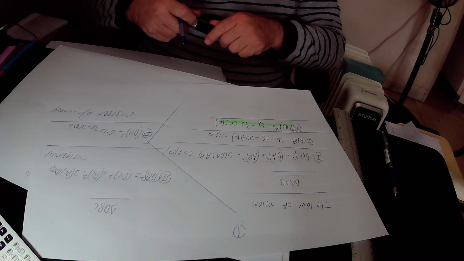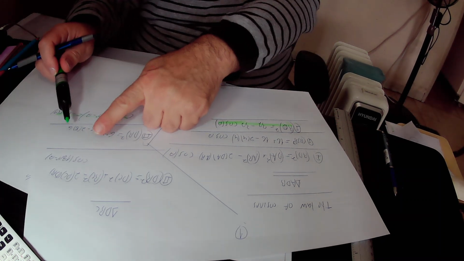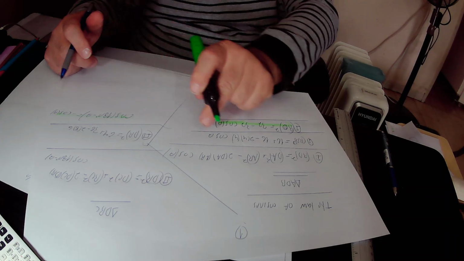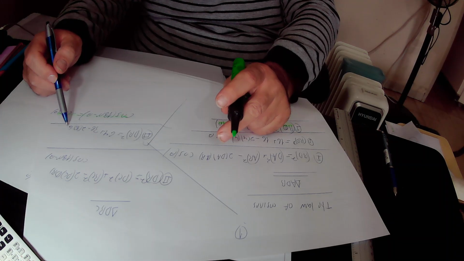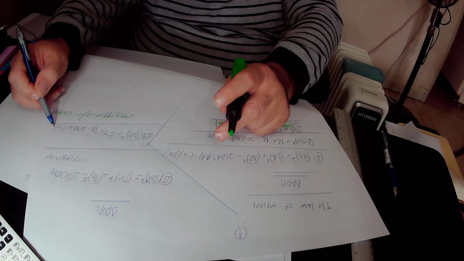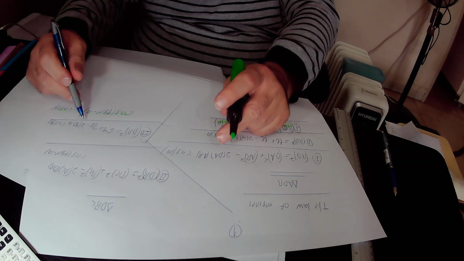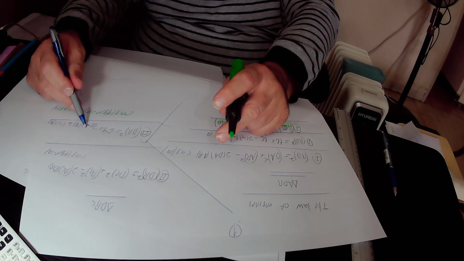So instead of cosine 180 degrees minus theta in this equation, we write down minus cosine theta. And minus times minus is plus. So this expression is a positive expression.